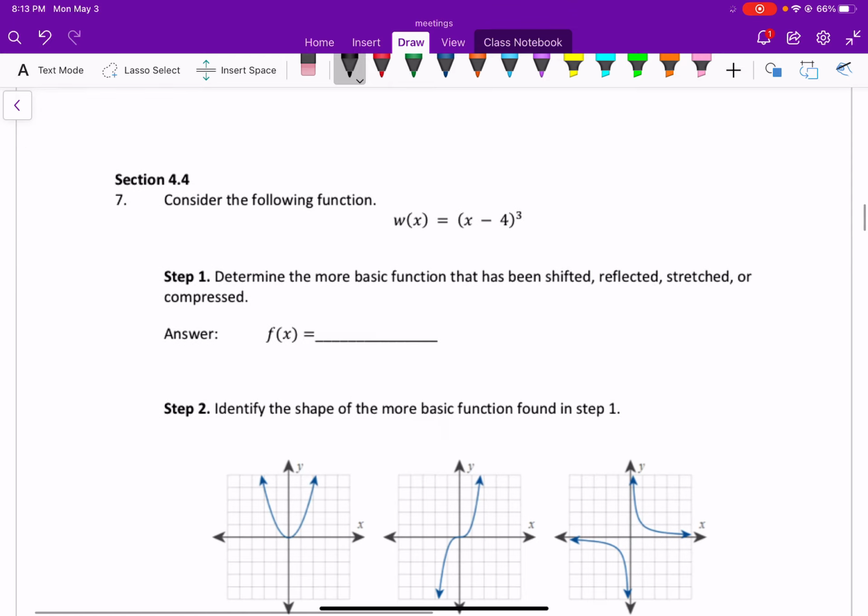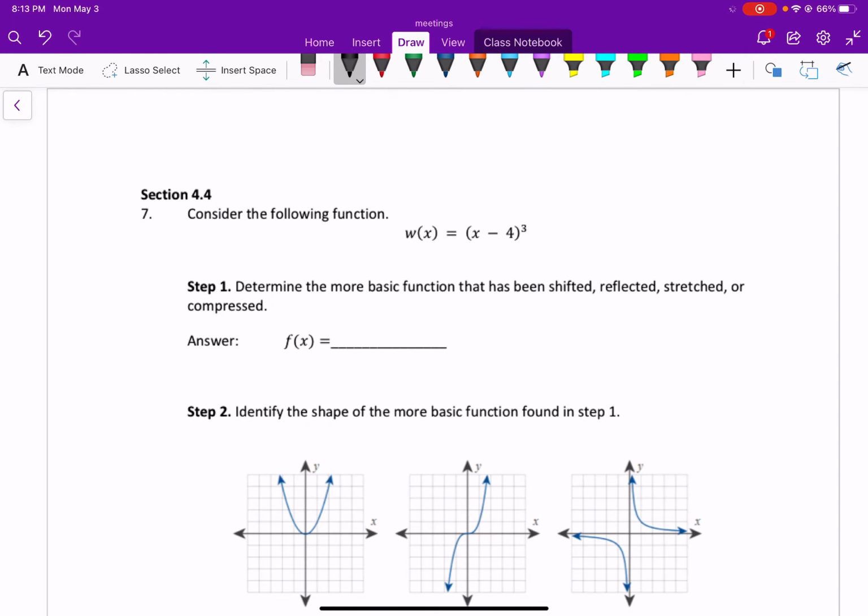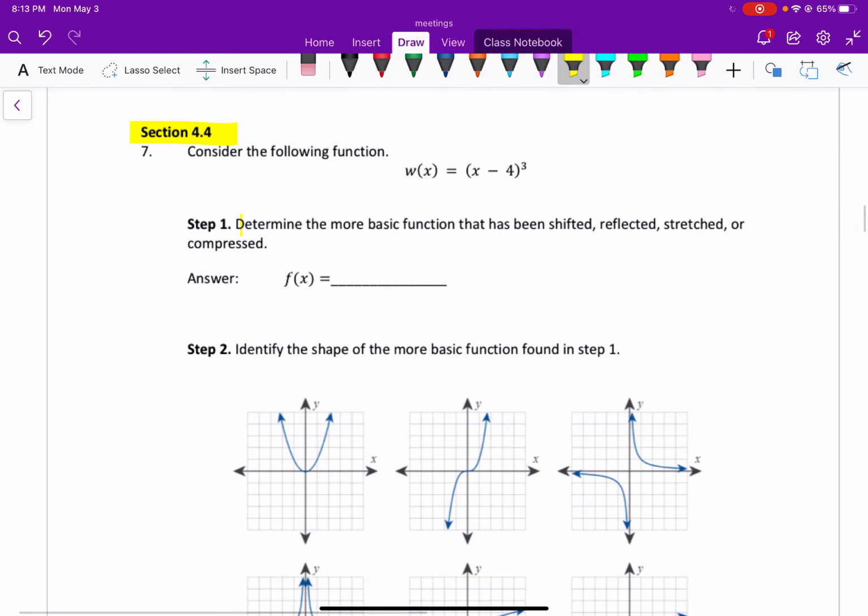All right, so let's look at the next section. This is from section 4.4. All we've got to do on this one is determine the most basic function and then identify the shape.